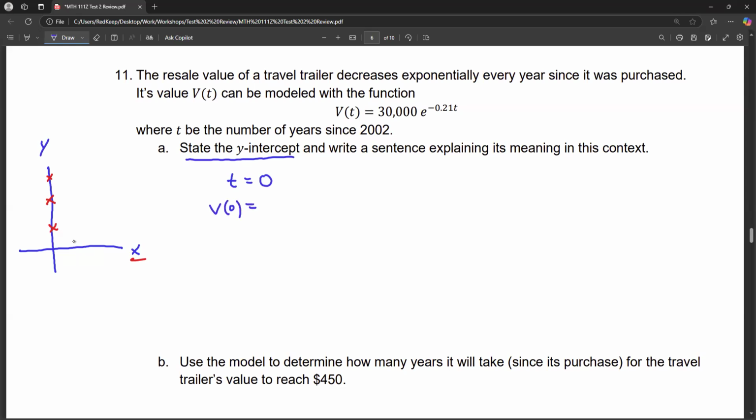Wherever there's a t, we plug in 0, and so we see that e to the negative 0.21 times 0, that's just 0. Well, anything raised to the power of 0 is just equal to 1.